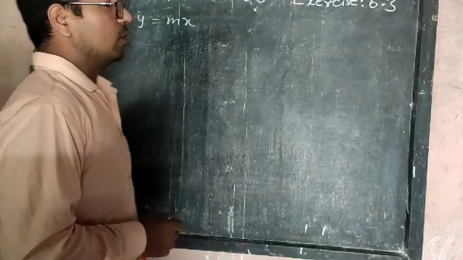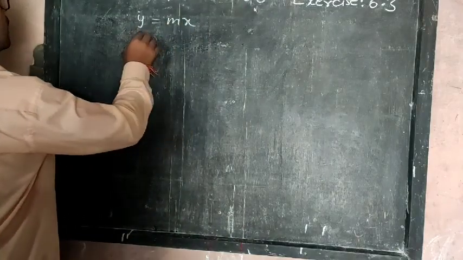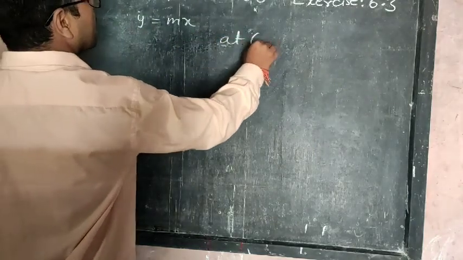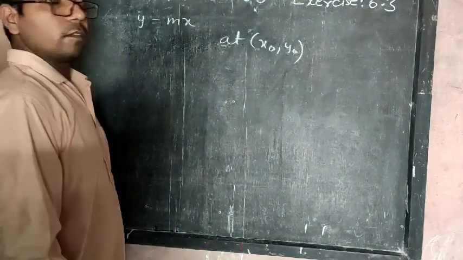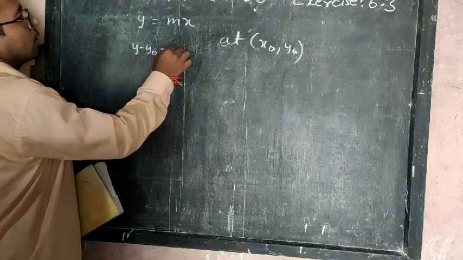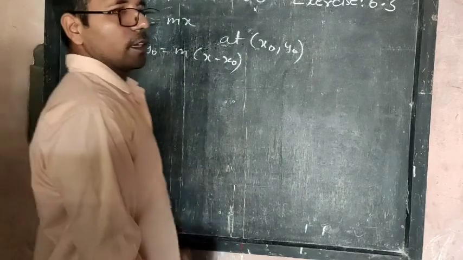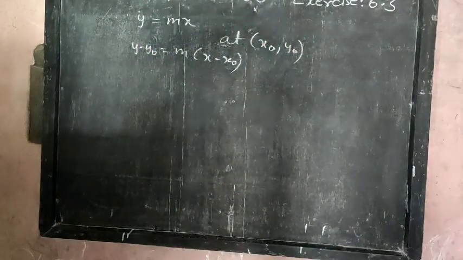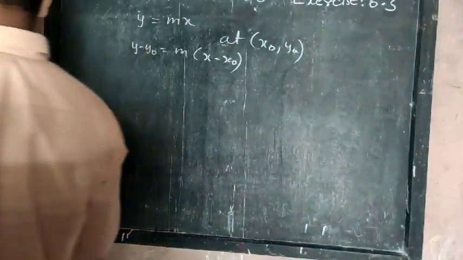So if you put it here, this line is passing through the point x naught comma y naught. So what we will get generally is y minus y naught is equal to m into x minus x naught. So if a line is passing through the point x naught comma y naught with slope m.